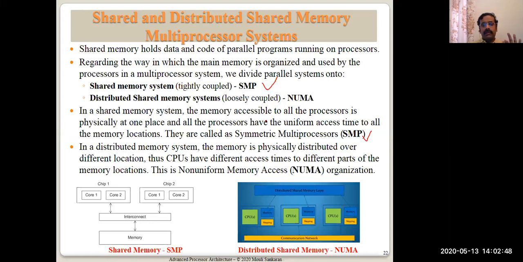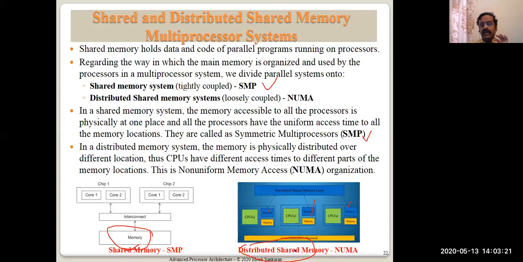One thing is, when you say shared memory, you should immediately remember there are multiple cores, and they are sharing some memory. Either it could be a shared memory physically located in one place, or distributed shared memory physically located in different places. In this case, it will be the same address space.